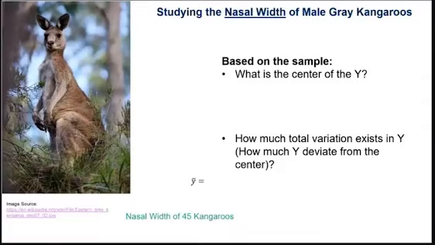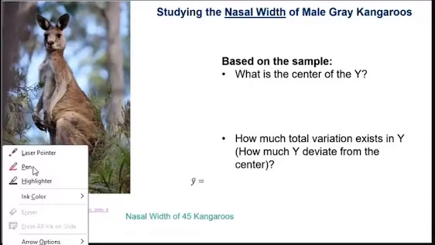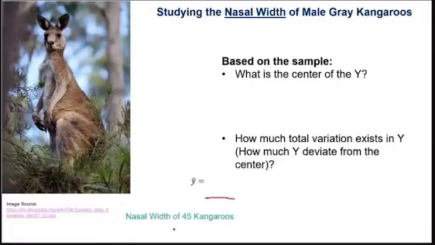And because of that, I took a sample of 45 kangaroos and measured the weight. Now I'm going to call Y the NASA weight of kangaroo.